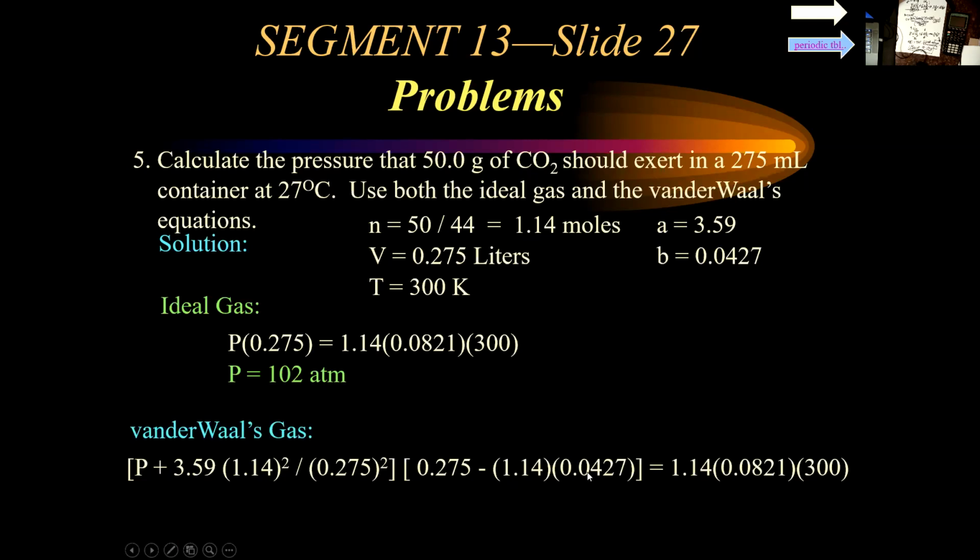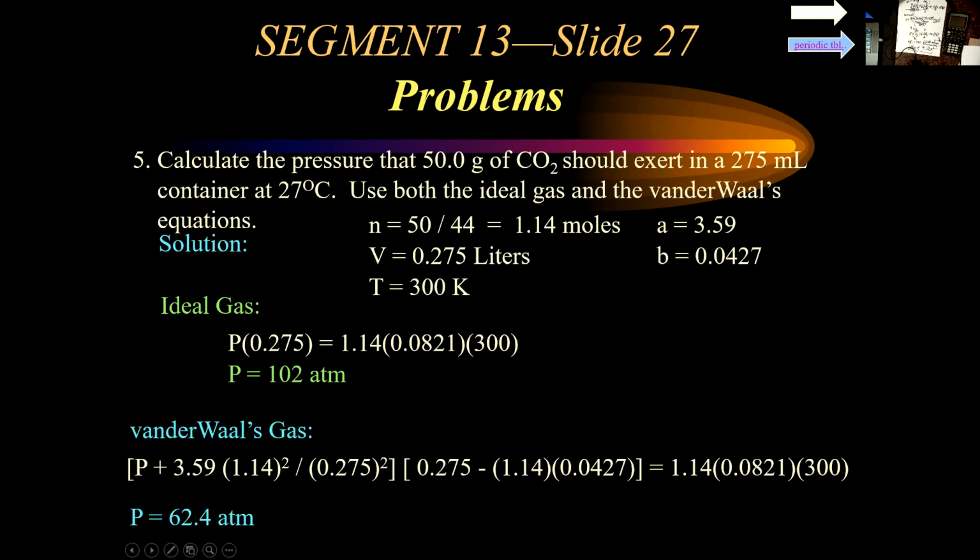There's my number of moles. There's my B constant. This was my A constant here. And plug together, that equals n, 1.14, R times the temperature, which is 300 Kelvin. It was given in Kelvin, so I don't have to convert anything here. It's already the correct unit. I can solve that for P.